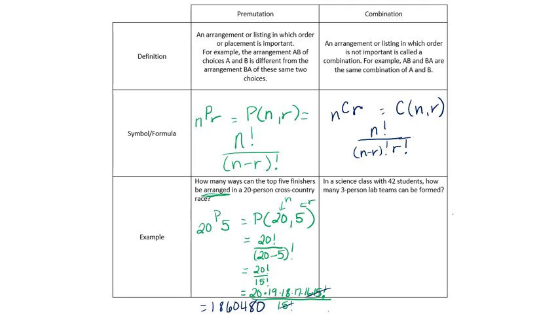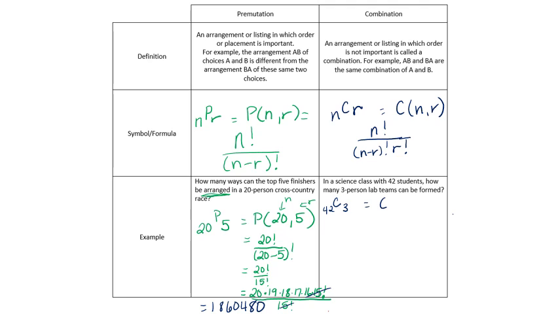So, a science class with 42 students, how many 3-person lab teams can be formed? So, I have 42 students, but I'm taking 3 at a time.